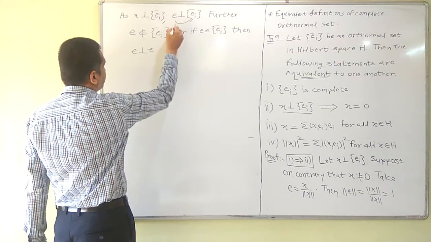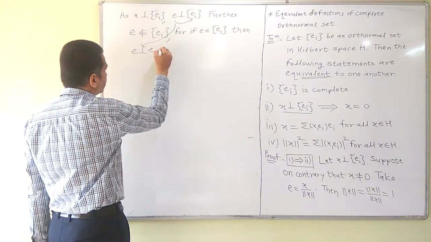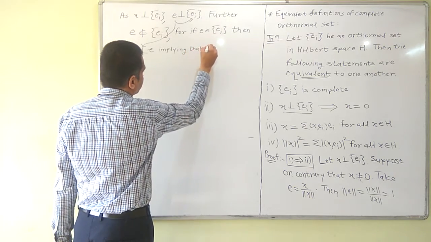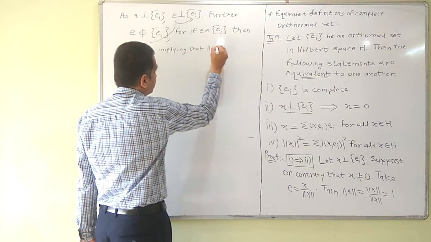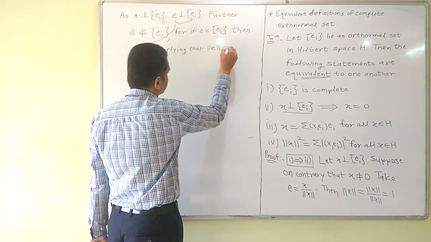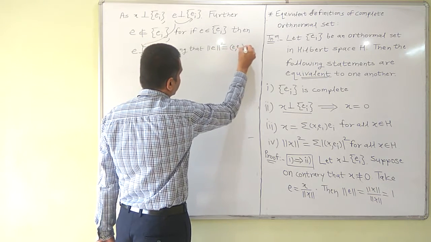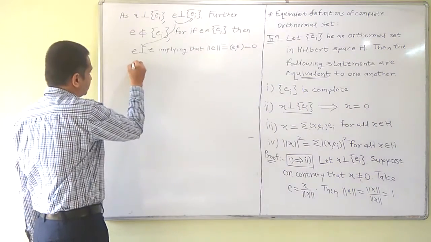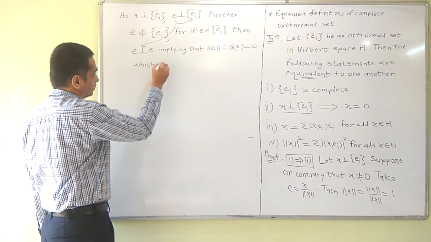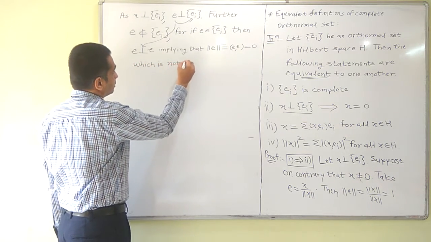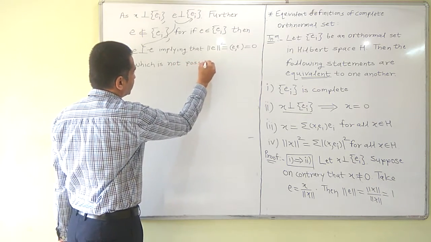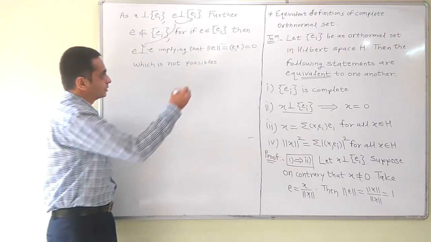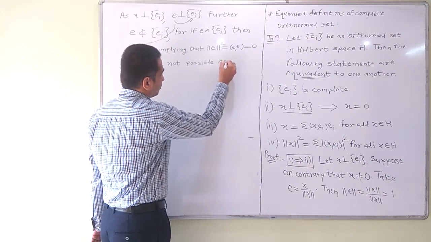This fact will imply that e is orthogonal to e, implying that the norm squared of e is equal to the inner product of e and e, which is equal to 0. But this is not possible because the norm of e is 1, as we have seen here.